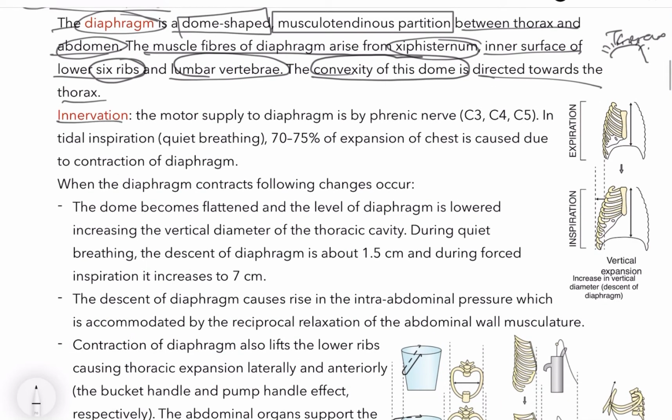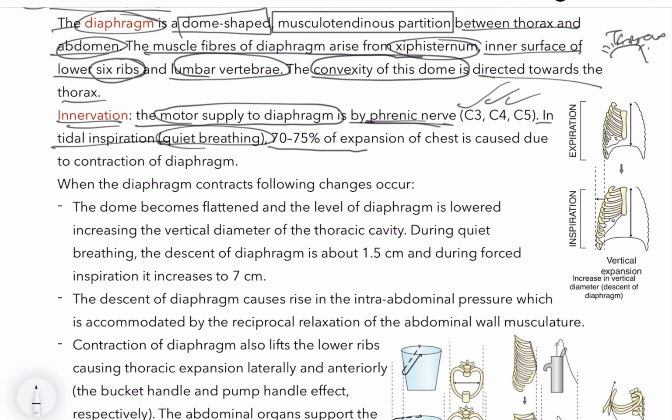Now if we talk about the innervation of the diaphragm, the motor supply to the diaphragm is by the phrenic nerve, C3, C4, C5. In tidal respiration, quiet breathing, 70 to 75% expansion of the chest is caused due to contraction of the diaphragm.